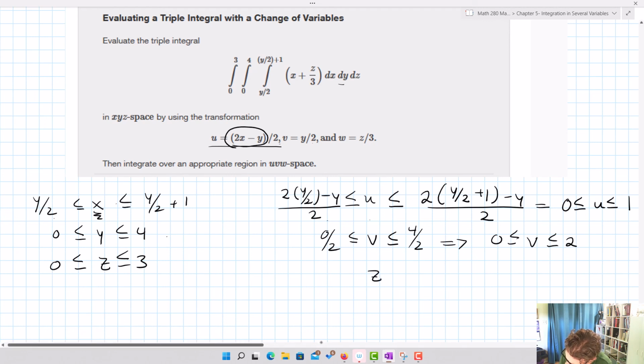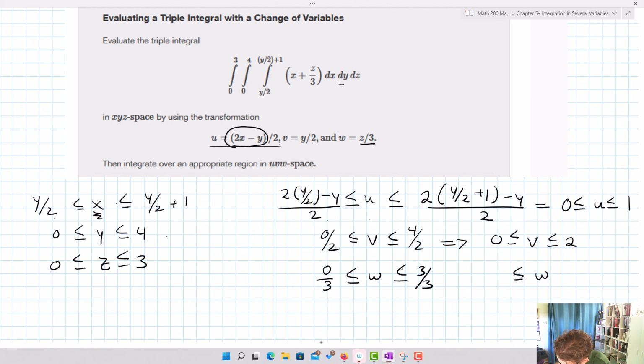And then w is z over 3, so it's greater than or equal to 0 over 3 and less than or equal to 3 over 3. So w is greater than or equal to 0 and less than or equal to 1. And so those are the bounds for our integral.